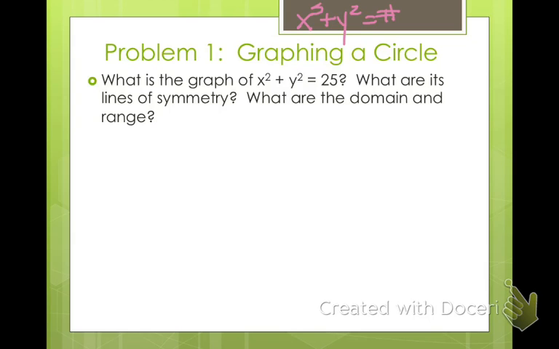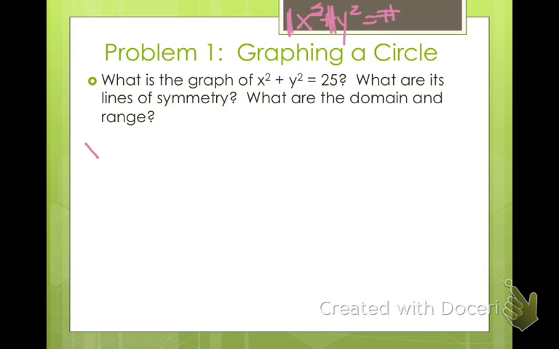You notice that the numbers in front of the x and the y are the same. They're both understood to be 1 in this case. So x squared plus y squared equals a number always makes a graph of a circle. That's the equation of a circle.